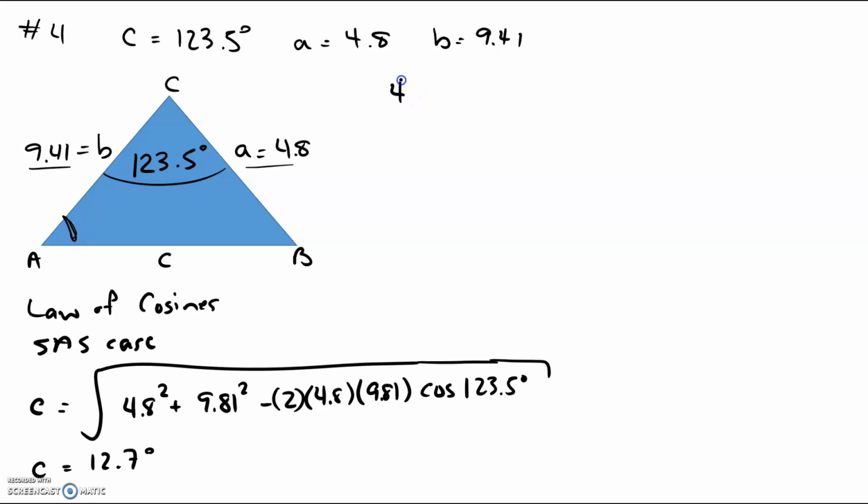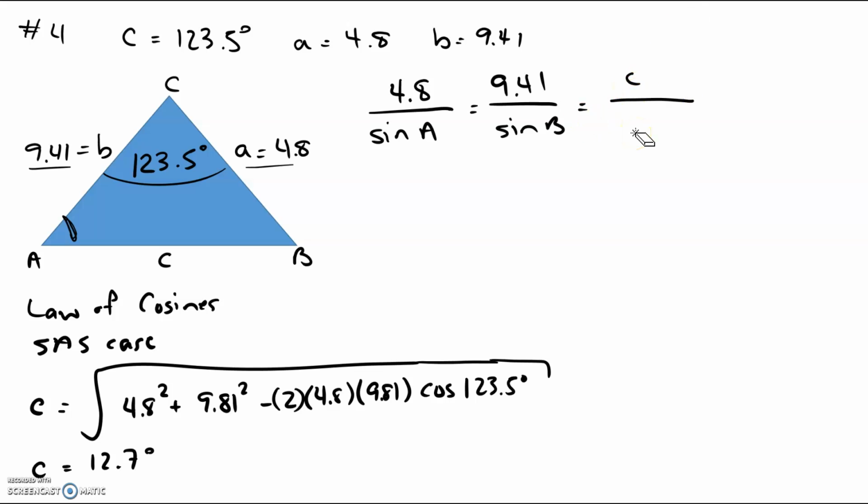So that's going to be A over sine of A is equal to B over sine of B, and C over sine of C. Whoops, I'm sorry.